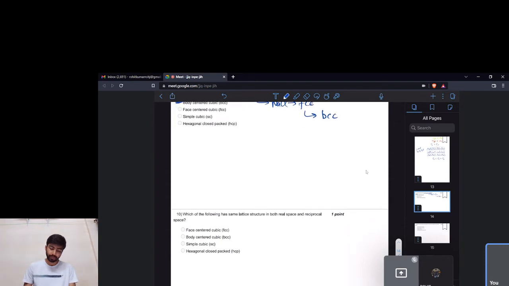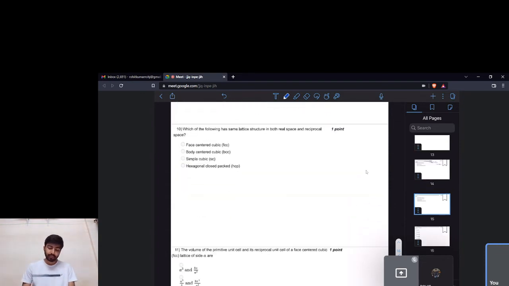The next question says: which of the following has the same lattice structure in both real space and reciprocal space? Now we know that if the real lattice is FCC, then the reciprocal will be body centered, and if you take body centered, then the reciprocal will be FCC.